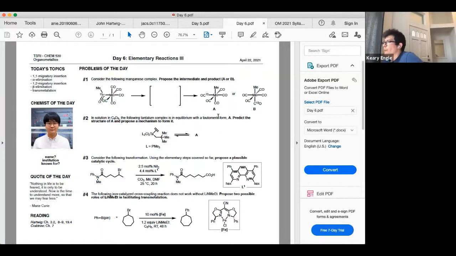This asks you just about the product, whether product A or B is formed. And then I'll call on someone and ask for the intermediate structure.